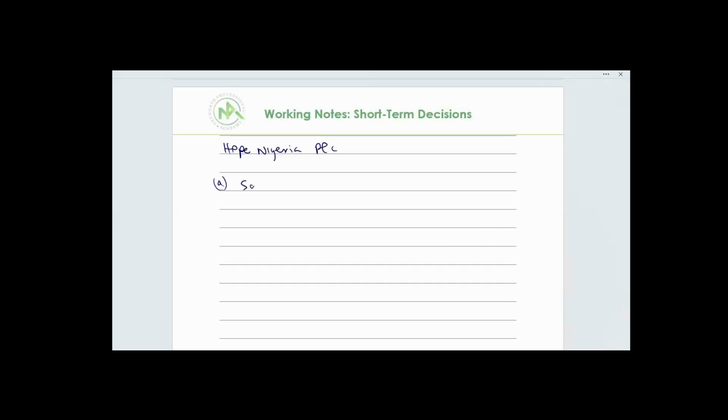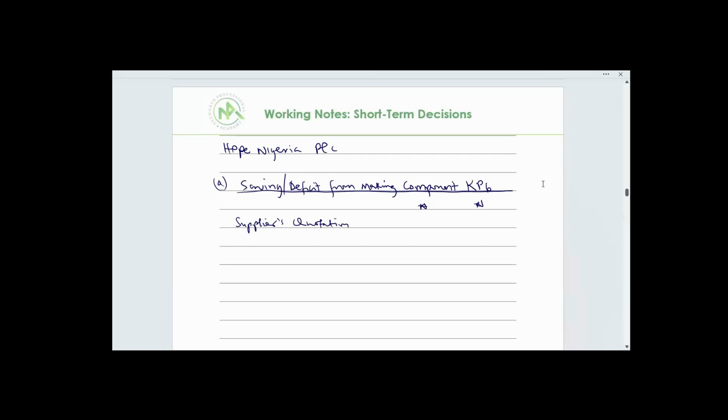Therefore, I will write: saving or deficits from making component KP6. So we want to compare the supplier's quotation versus the relevant cost of making the component KP6.